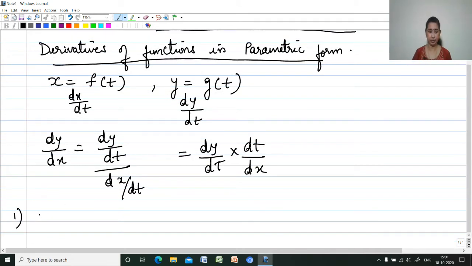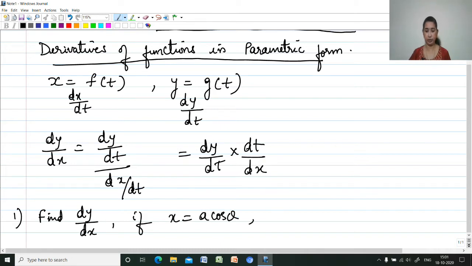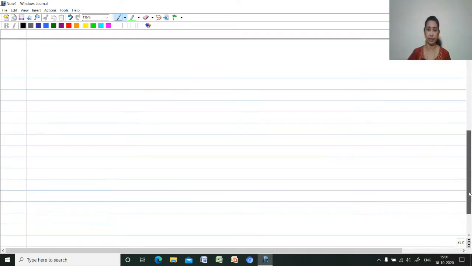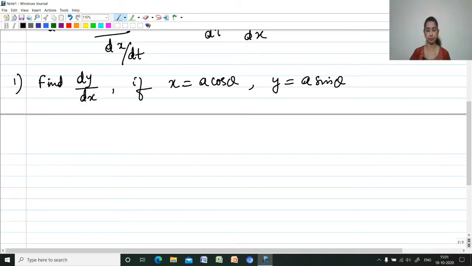First question, find dy by dx if x equals a cos theta and y equals a sin theta. We have to find dy by dx. So here x is given in terms of parameter theta, y also in terms of parameter theta.